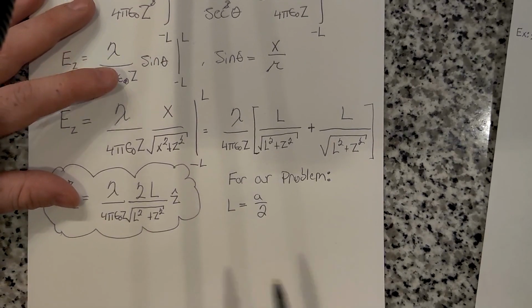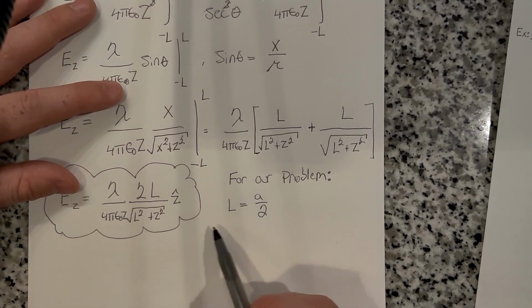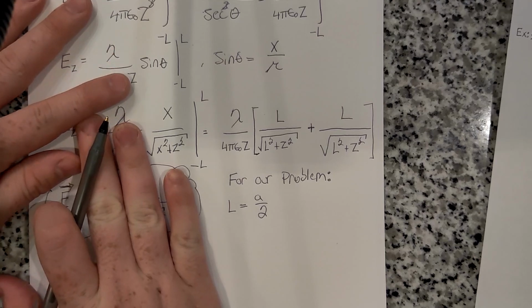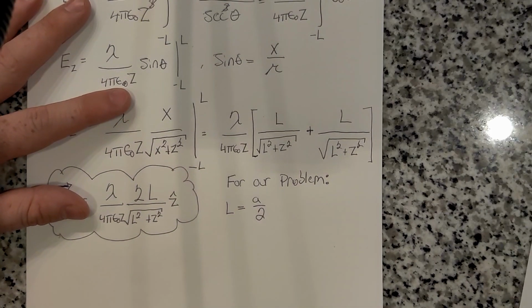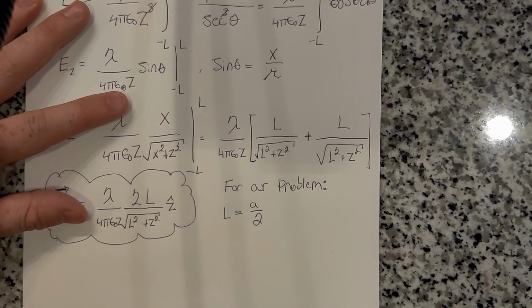Because half of the length of the wire in the example problem was L. However, for our problem, half the length is A over 2. Okay? That's the first thing we have to do.